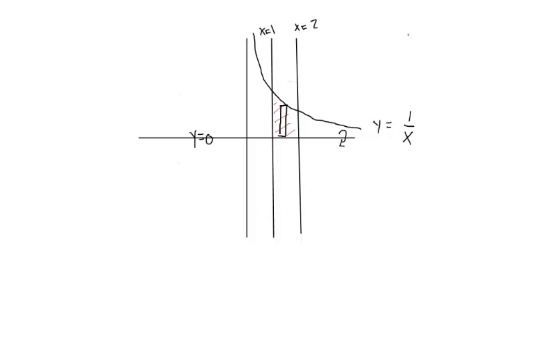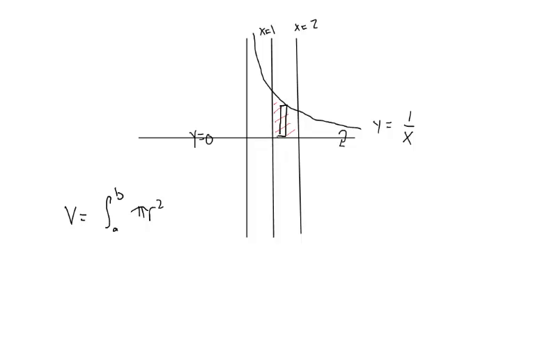And when we're using the disk method, the formula is volume is equal to the integral from a to b of pi r squared. So our radius here is from our axis of rotation, which is 0, up to 1 over x. So our radius is going to be 1 over x, and we're going to square that.